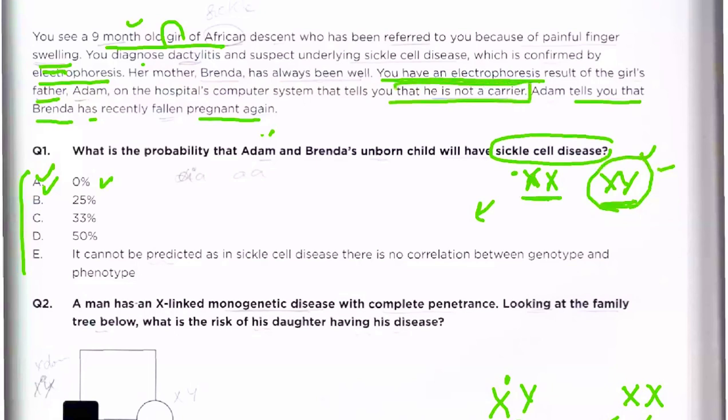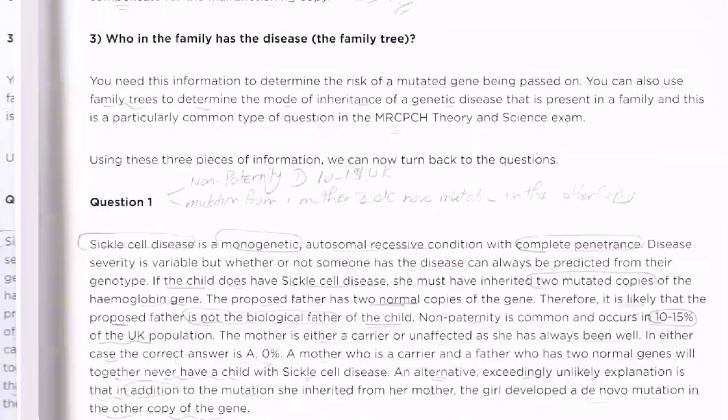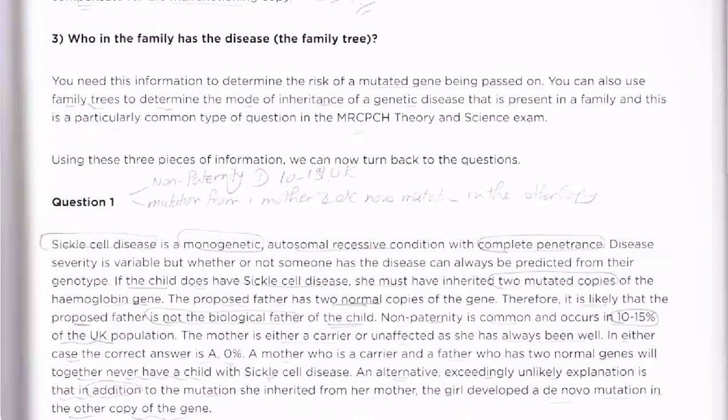So, see here, they usually talk about the practical. This may not be the biological father of this baby. In their population, we have read many questions where it may not be the biological father. In the explanation, they have told here that non-paternity is very common and occurs in 10 to 15% of the UK population.